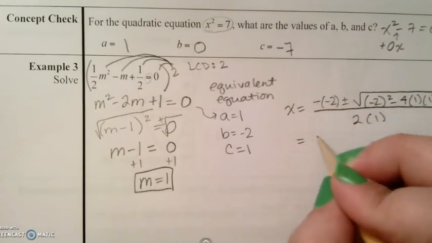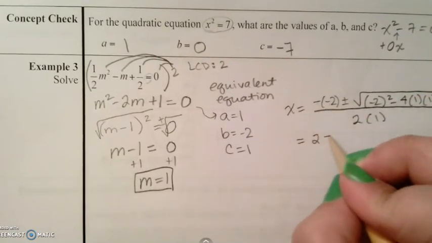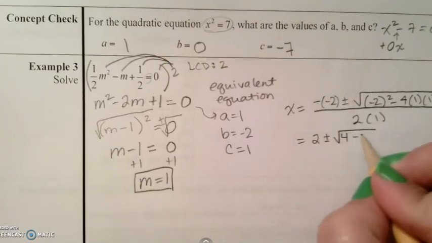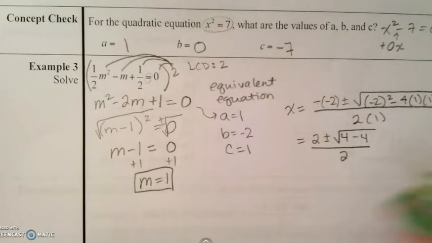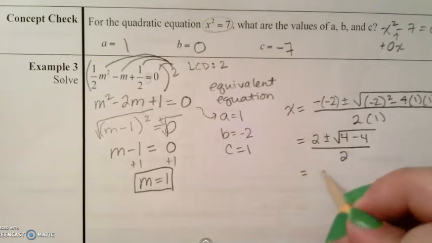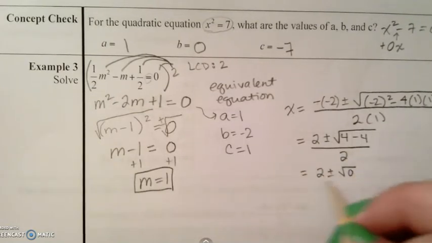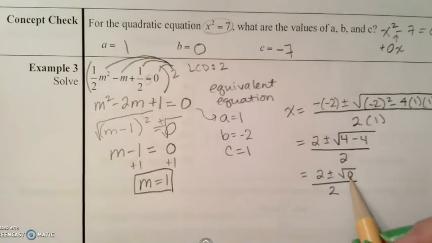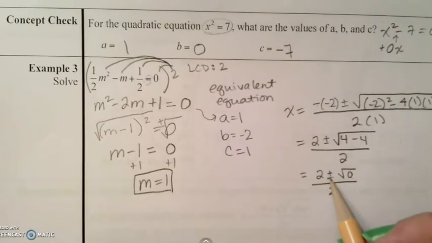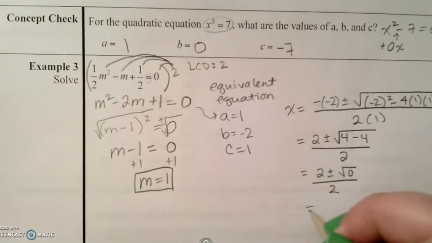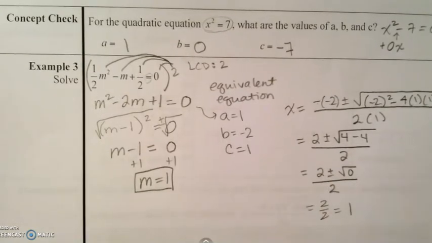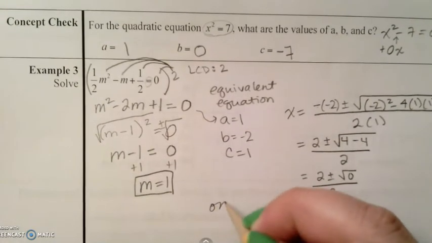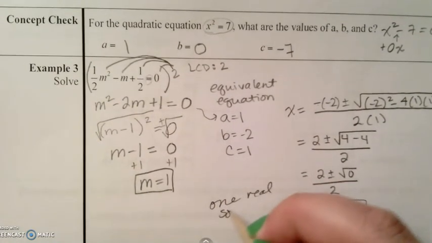Negative and negative, again, is positive 2 plus or minus the square root of 4 minus 4 over 2. Well, 4 minus 4 is 0, so this is 2 plus or minus the square root of 0 over 2. And just like we were mentioning, the square root of 0 is 0, and whether I add or subtract 0 to something, it doesn't change. So this is 2 over 2, which is 1. So this is the example of a case where we will have only one real solution.